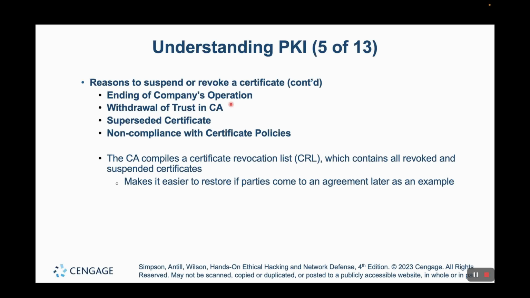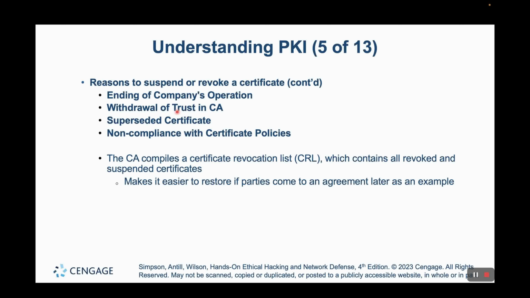Any certificate associated with this company should be revoked. Withdrawal of trust in the CA. If a higher level CA decides that a subordinate CA is no longer trustworthy, okay, I mean, there could be many, many reasons for that, it might revoke the subordinate CA certificate.